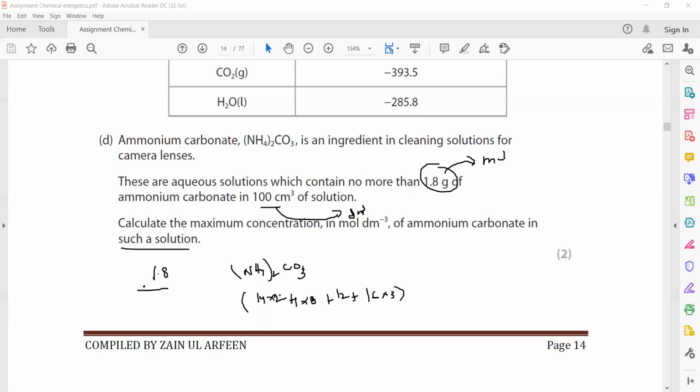Molar mass comes out as 96, so this will be 0.01875 moles. And the volume, given in cm cube, we have to convert into dm cube by dividing by 1000, so 0.1. So 0.01875 divided by the volume 0.1 gives us 0.1875 mole per decimeter cube. This will be the concentration.